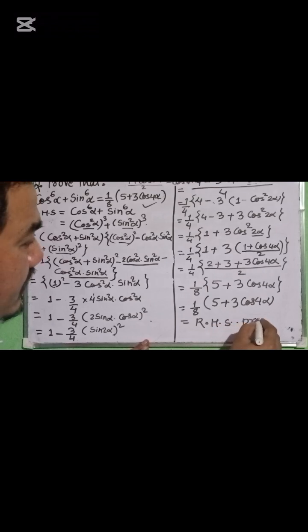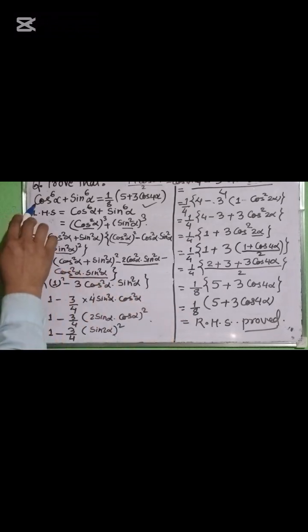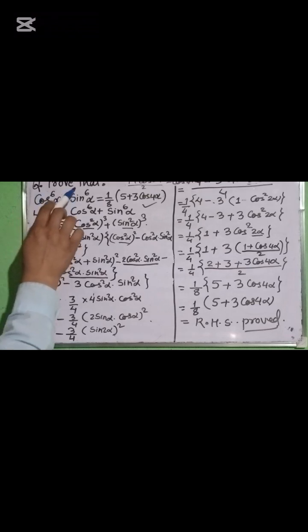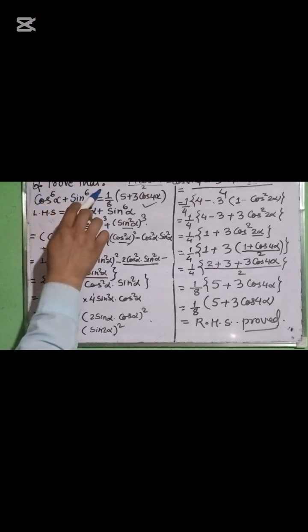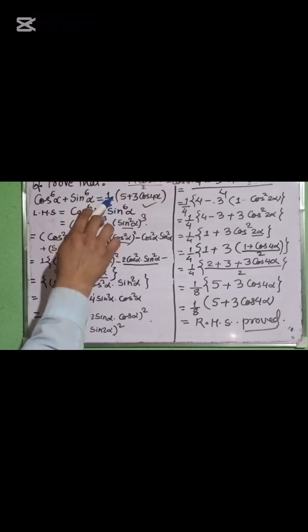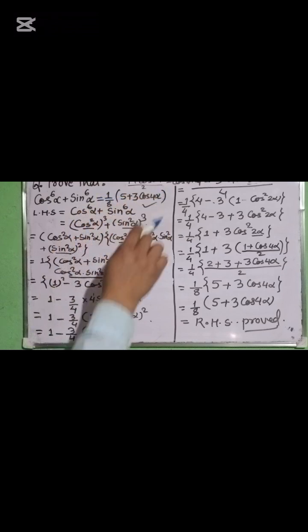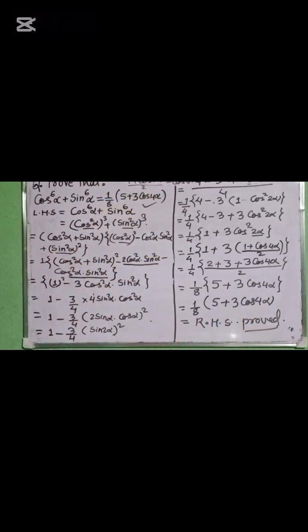Then we can tell our question is proved. Okay, so we got that cos to the power 6 alpha plus sin to the power 6 alpha gives 1 by 8 into 5 plus 3 cos 4 alpha. Like this we find this value. Like this we solve this question and prove it.